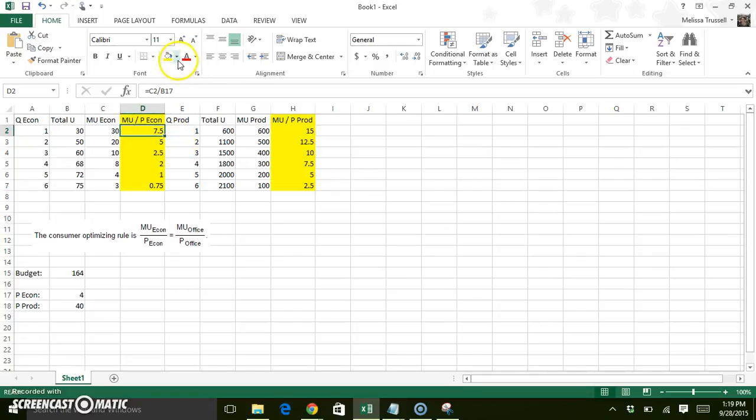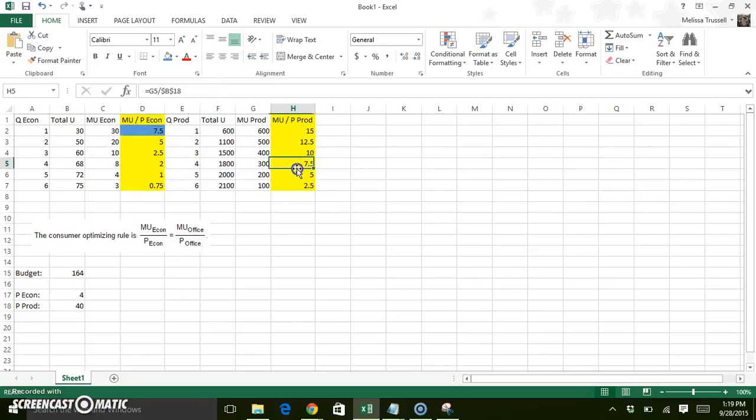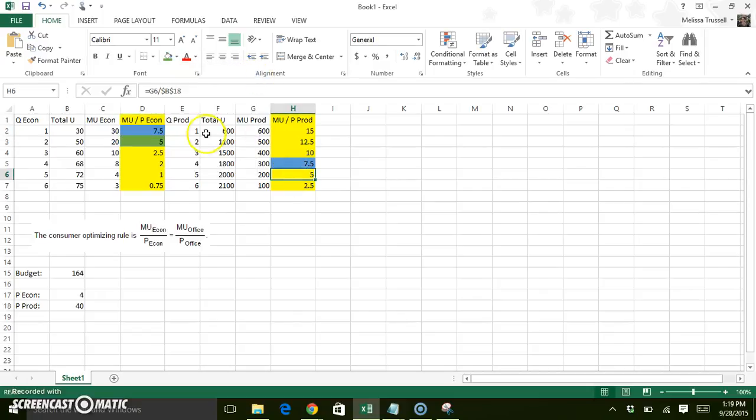We could choose, let's see, I'll color code them so it's easier to look at. We could choose the blue 2, and we have equal mu over p, right? Or we could choose the green ones and have equal. They both have 5.